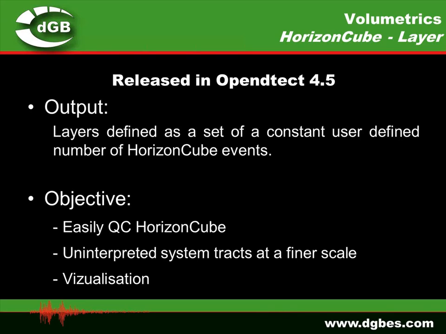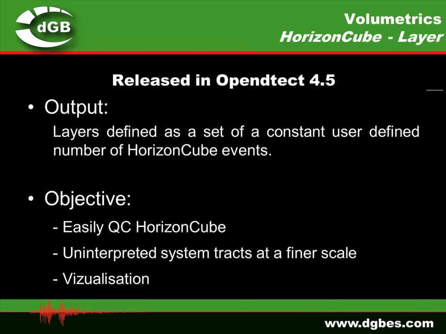This allows you to create volumes, for visualization or work purposes, of extremely thin layers that you won't be able to get from an SSIS analysis. The SSIS analysis will give you much thicker intervals.